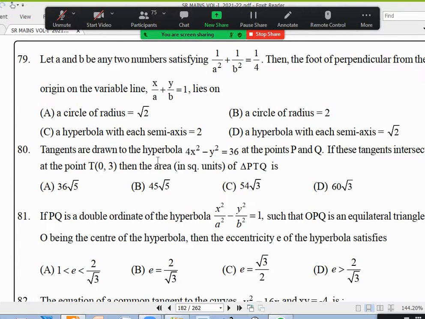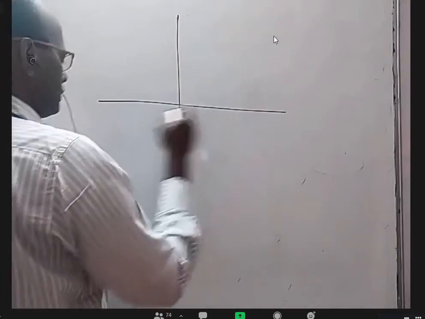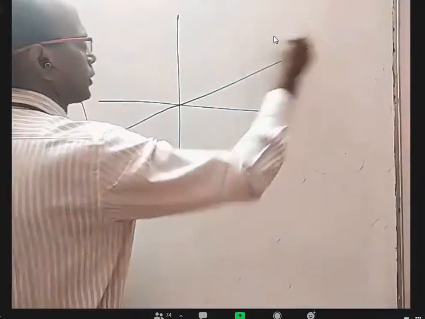Up to 81, anybody any doubts? 81 is a nice question.